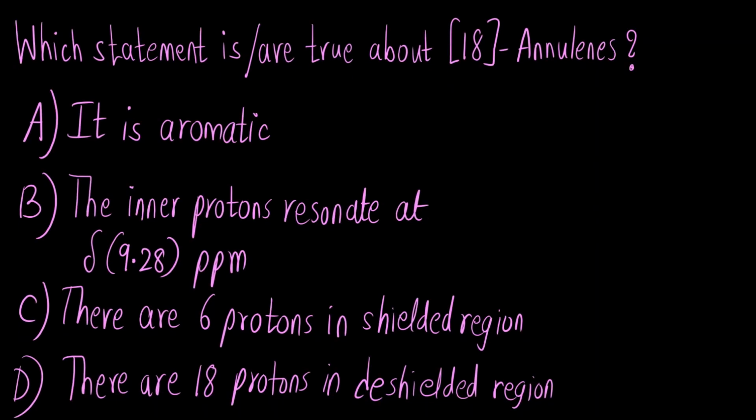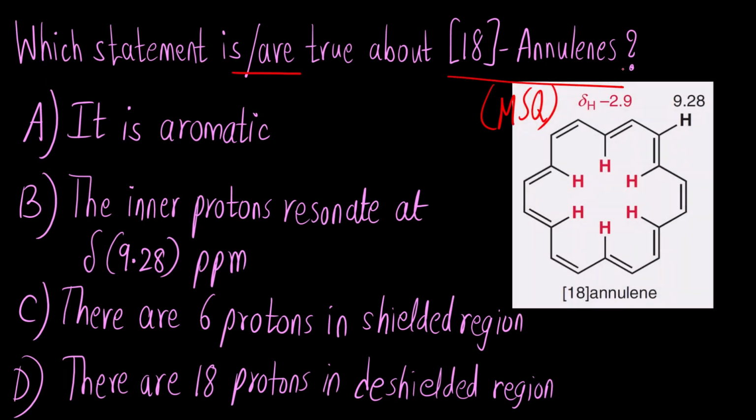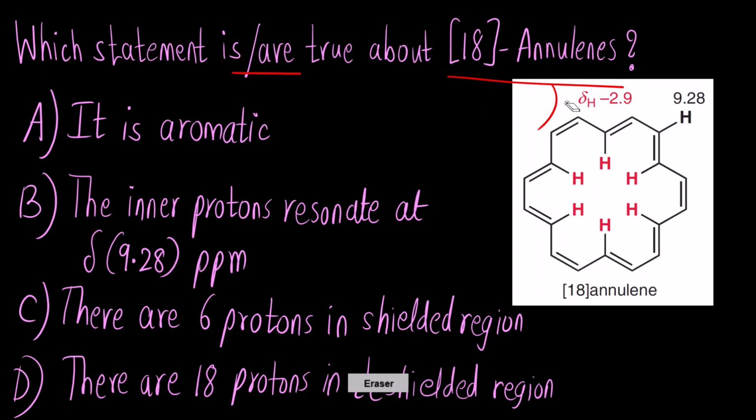And last, we are going to solve this question. It is an MSQ type question, multiple select question. Which of the following is or are true about 18 annulenes? We saw just now the structure of 18 annulenes. First question, is it aromatic? For aromatic, it should follow the 4n+2 rule.